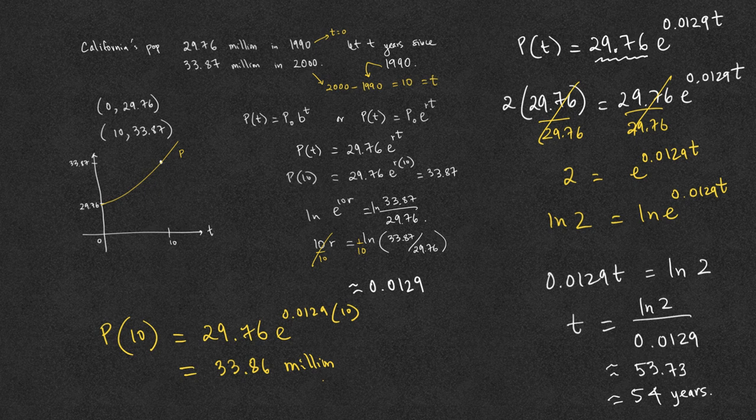The actual population of California in 2010, if we were to look it up, is 37.27, and so we overestimated. If we take the predicted value and subtract the actual population in 2010, 37.27, we overestimate by about 1.2 million people.